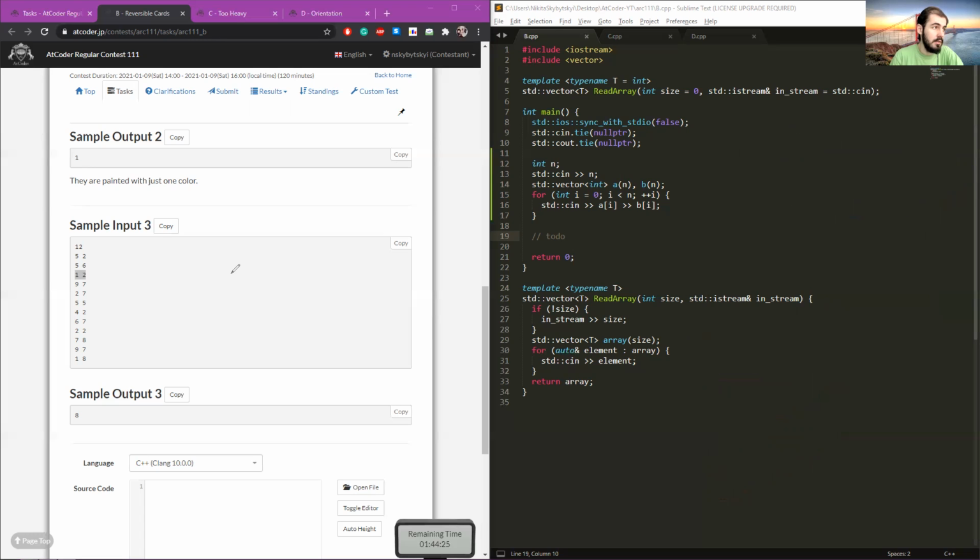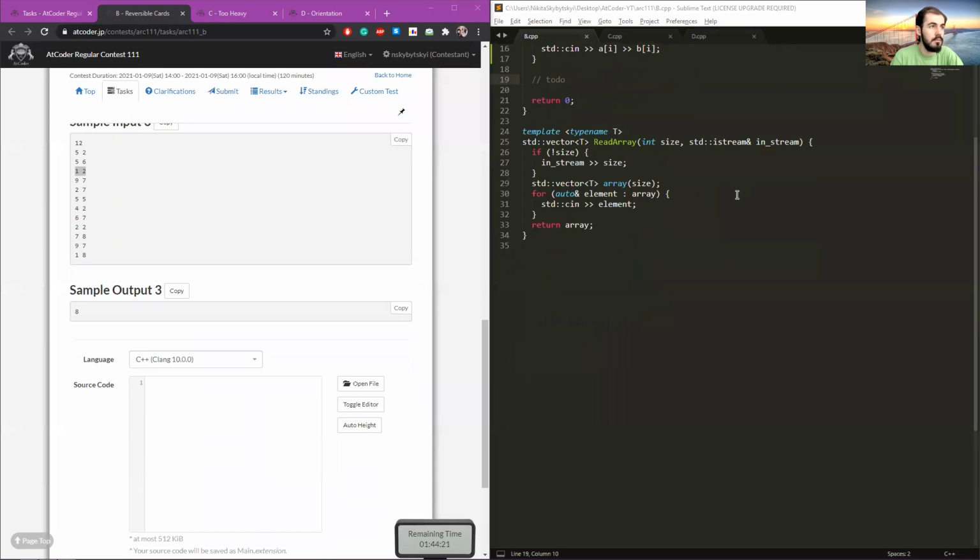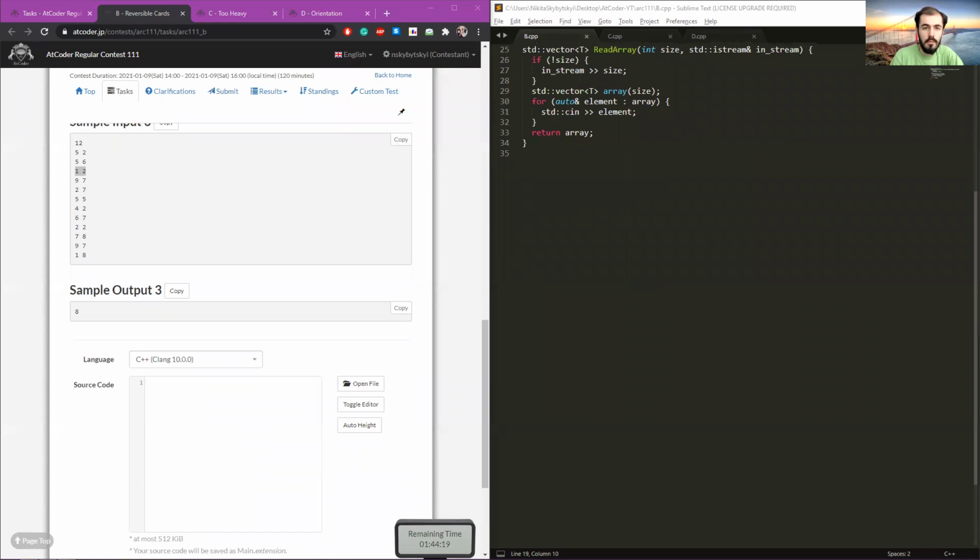And just create a general graph. Let's see this example. We have, I guess, 1, 2, 4, 5, 6, 7, 8, 9.